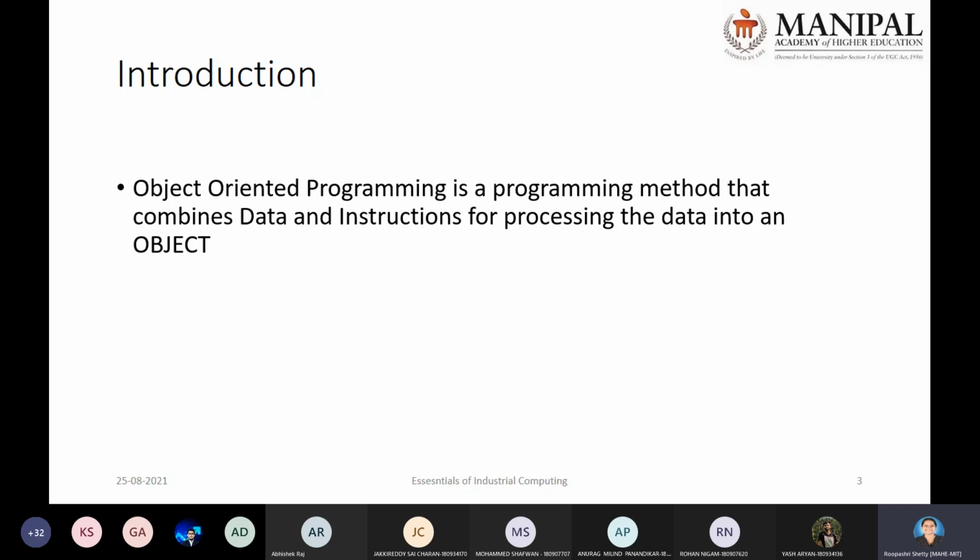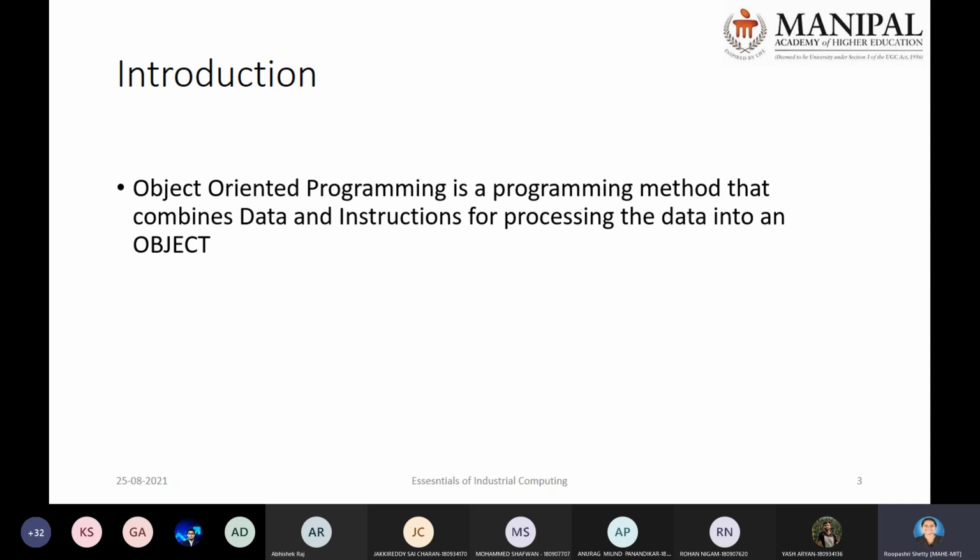Fine. So object-oriented technology, as the definition says, is a programming method that combines data and instructions for processing the data, and when these two are combined, it forms something called an object.